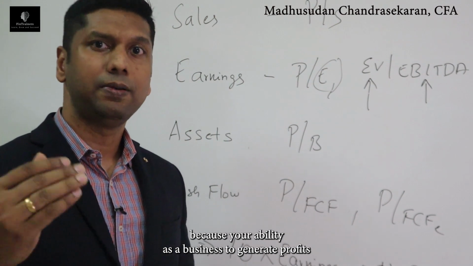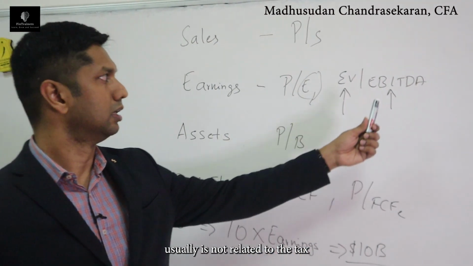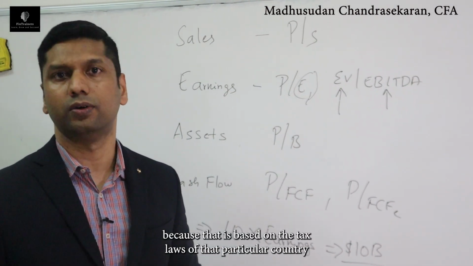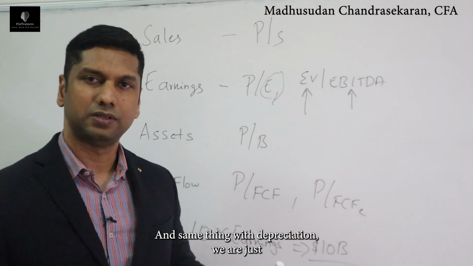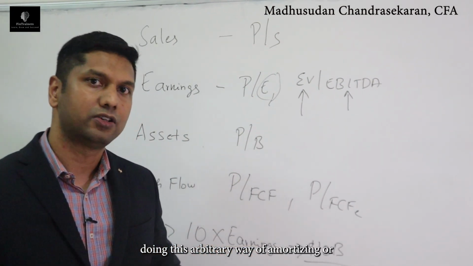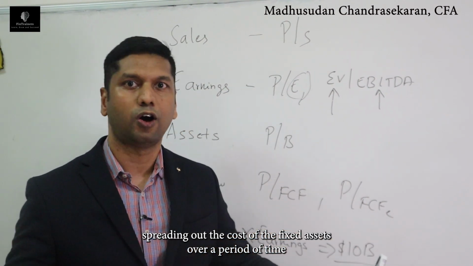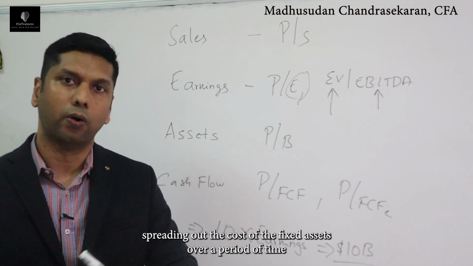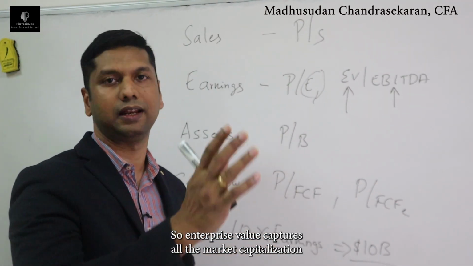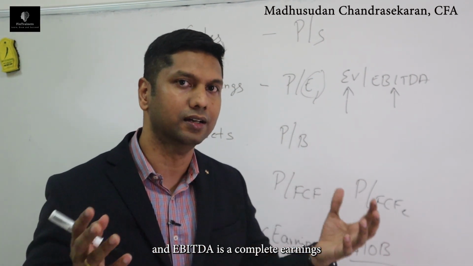Because your ability as a business to generate profits usually is not related to the tax, because that is based on the tax laws of that particular country. And same thing with depreciation. We are just doing this arbitrary way of amortizing or spreading out the cost of the fixed assets over a period of time. So enterprise value captures all the market capitalization, and EBITDA is a complete earnings.